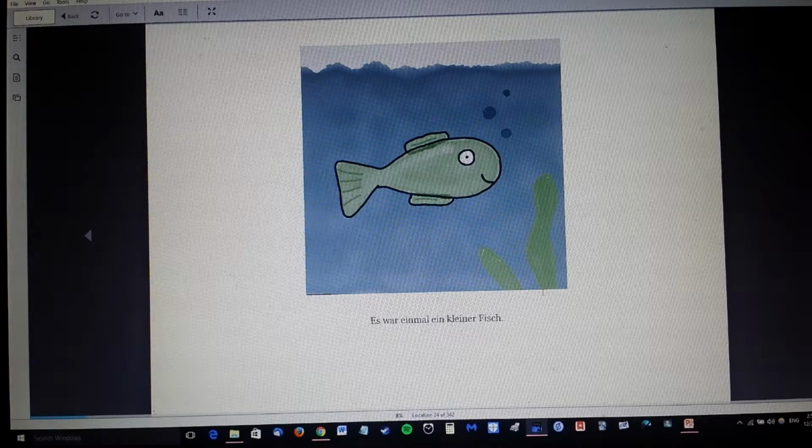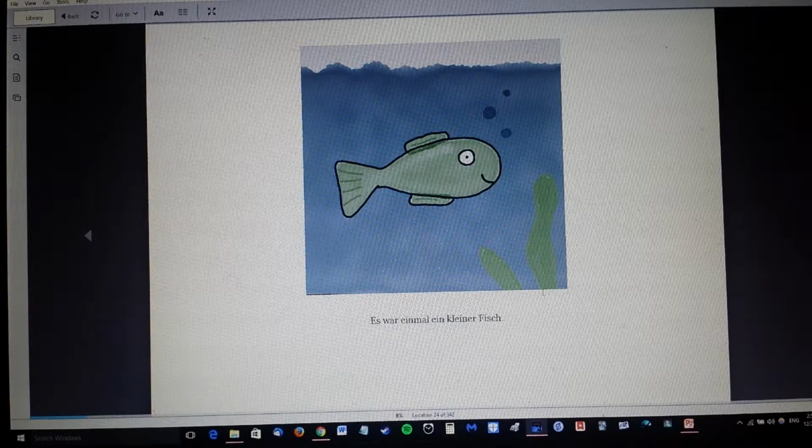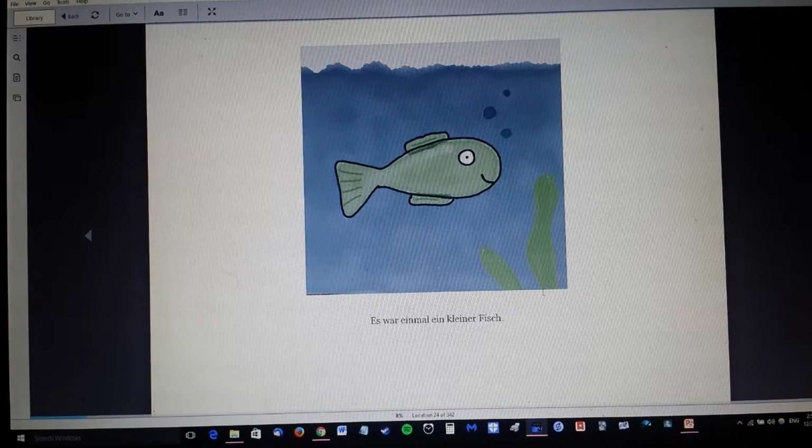Okay? Es war einmal. Now, at the time that I read this, I didn't know einmal. But I guess I looked up the meaning of that phrase. Actually, the whole phrase, es war einmal, is a popular way of saying once upon a time. So I added that to my vocabulary list. I'm going to work with a little makeshift vocabulary list here.